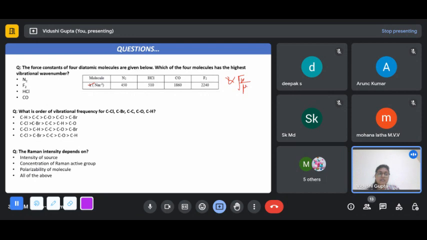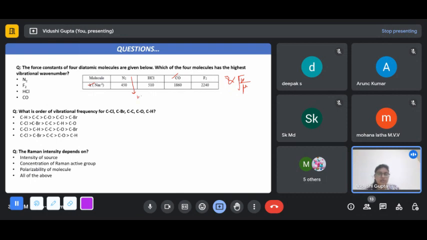So now just tell me. CO, ma'am. HCl. Oh, I'm sorry, you are telling CO. Okay. Just tell me what will be the wave number for N2, HCl, CO and F2 respectively? Just first solve for N2.